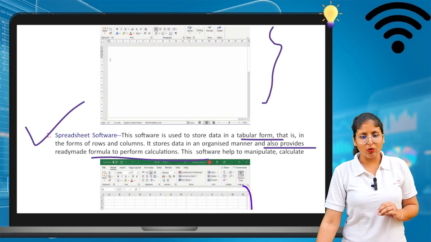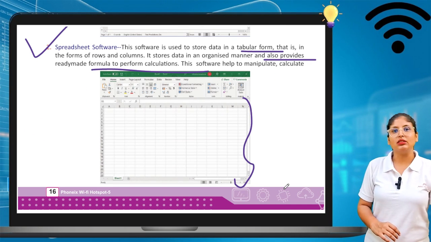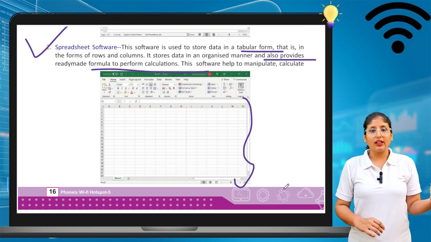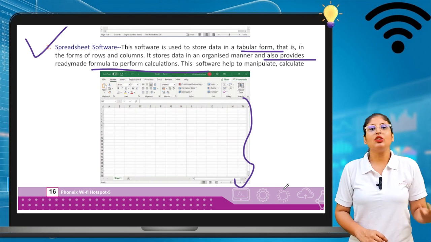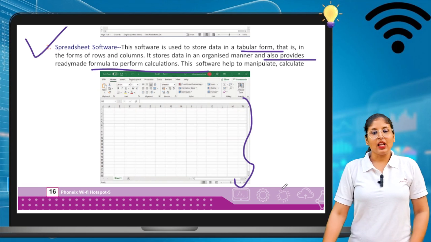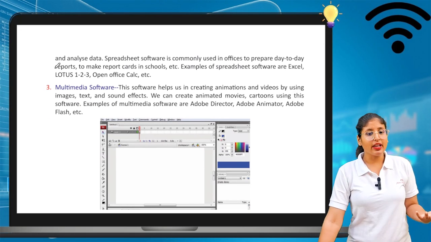Normally we use calculations to make results, or data, of your business, of your company, of your school children. We can use spreadsheets. The other thing is that we can also analyze the data.